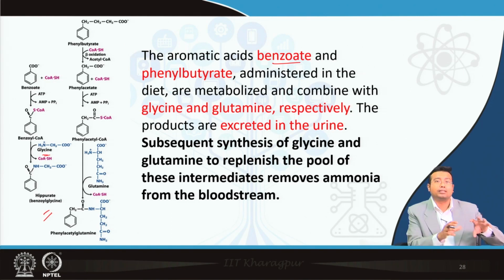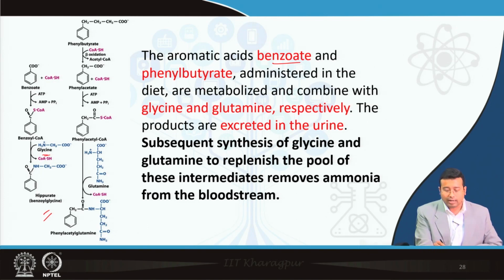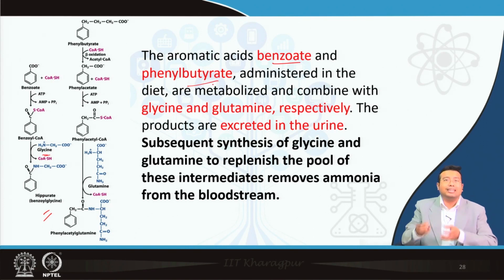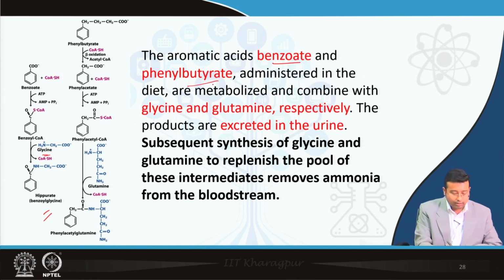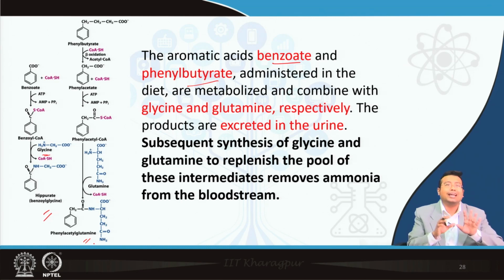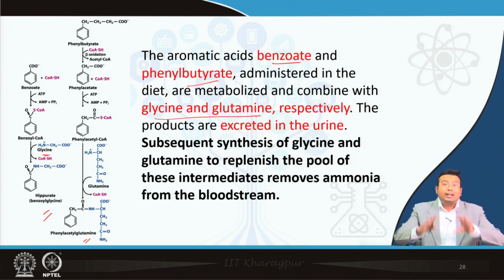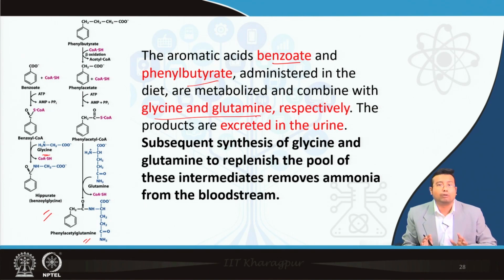Glycine is an amino acid that is extremely needed for all practical purposes. Also, phenyl butyrate is converted in vivo to phenyl acetate, and it is finally converted to phenyl acetyl glutamine. So all the intermediates, that is glycine and glutamine, are now depleted from the system. The body needs more and more glycine and glutamine in order to excrete ammonia or to maintain normal metabolism.